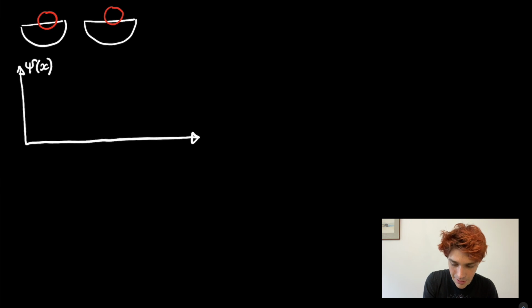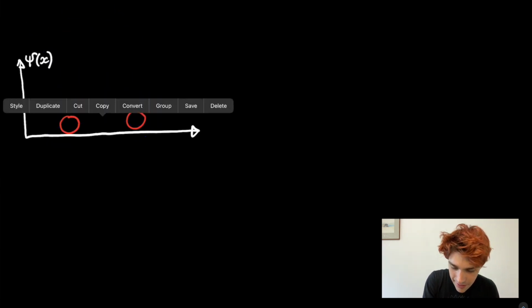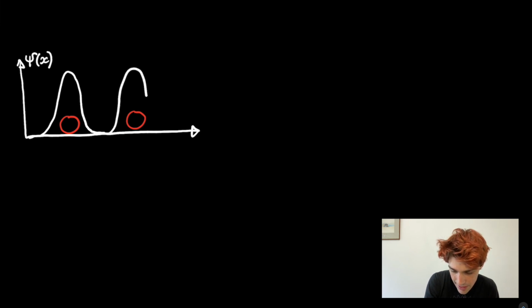So let's consider two particles just somewhere out in the open field. Let's say they're here. What's the wave function going to look like? Well, we're going to see basically two peaks, one right there where the first particle is, and one right there where the second particle is. Now, this is the wave function.